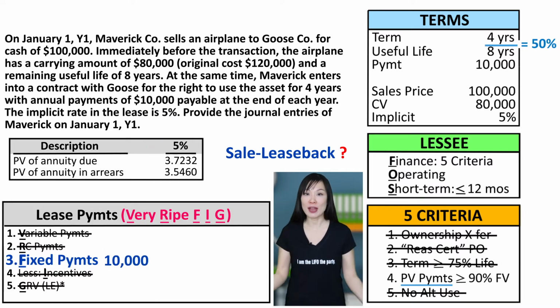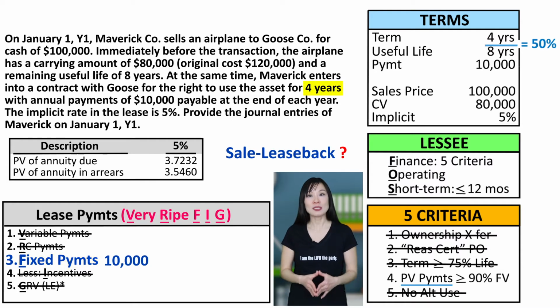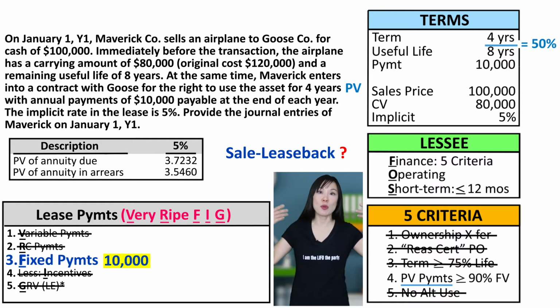Maverick has to pay rent to use the plane. The annual payments are fixed. The prompt tells us that this lease is for 4 years. Then these lease payments are non-current and get recorded at present value. Then we use the present value factors given. For the $10,000 annual payment, we know Maverick makes the same payment each year. What do we call that?